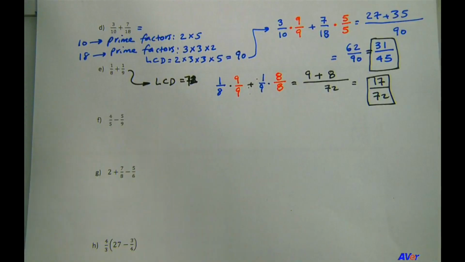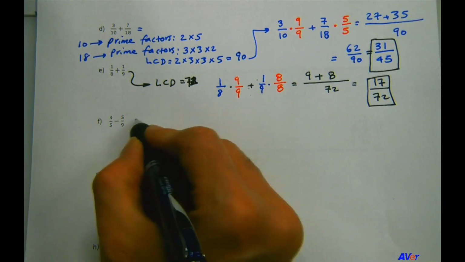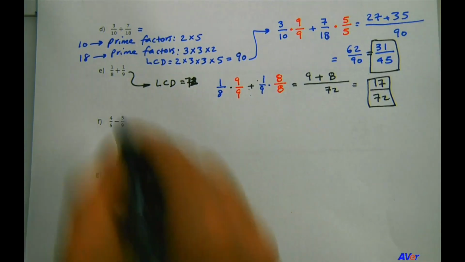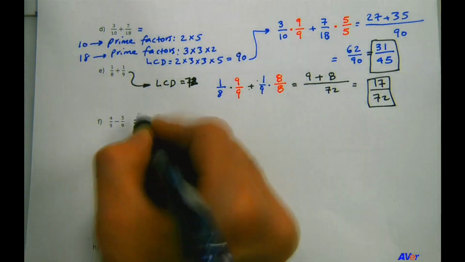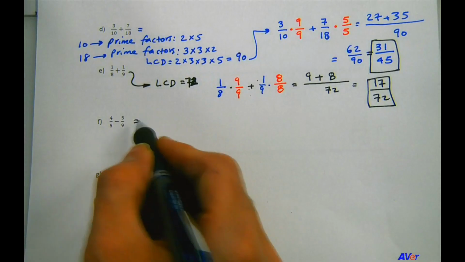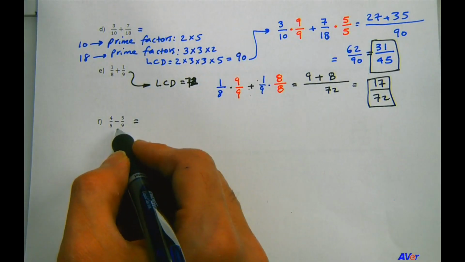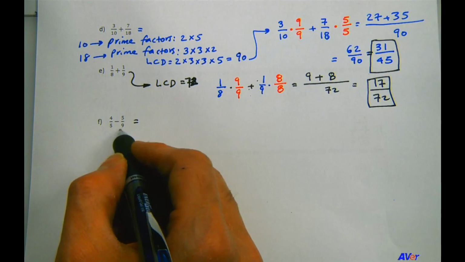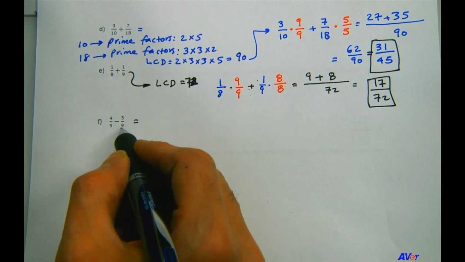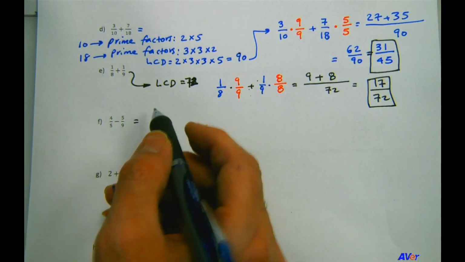Okay, so this one. And I'm hoping you're pausing the video and writing down your own solution before looking at what I have. Okay, so in this case, once again, we need to take the common denominator, right? The common denominator, or the LCD for these two, is, let's see, 45, right?